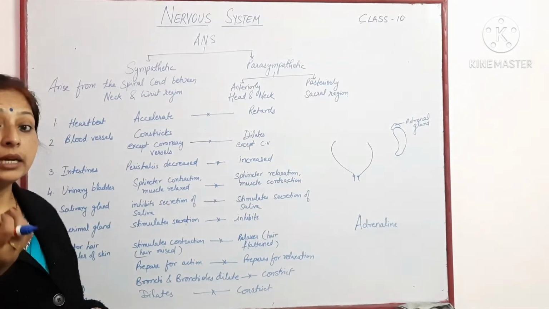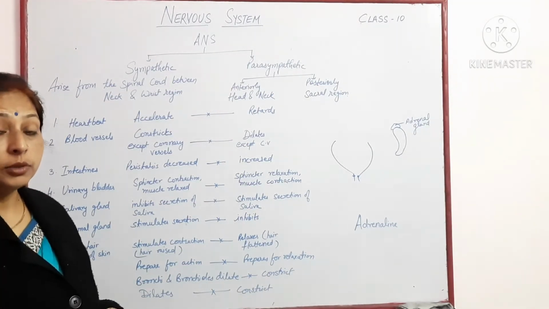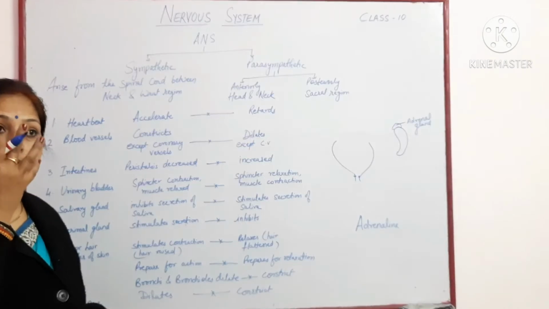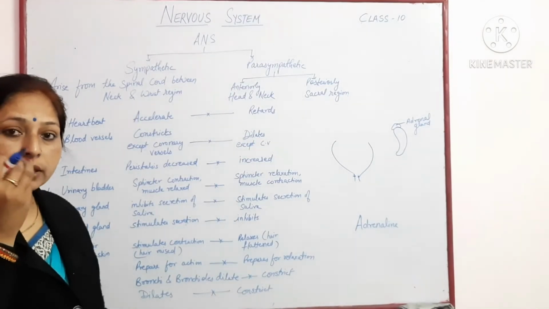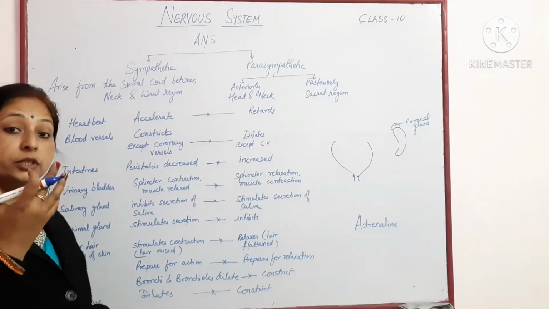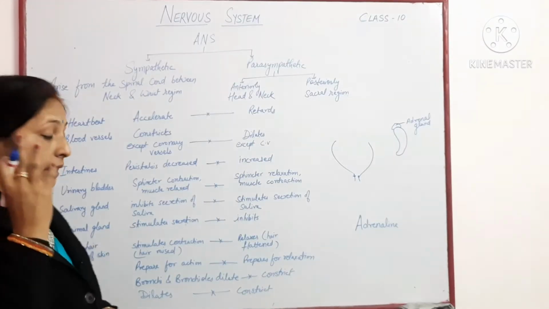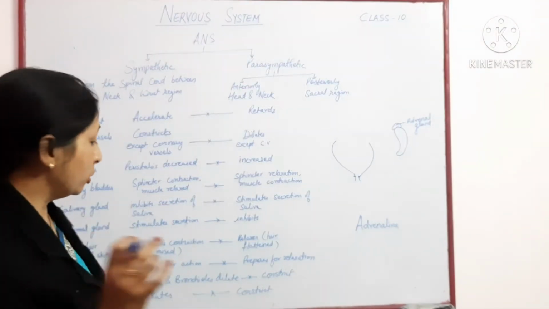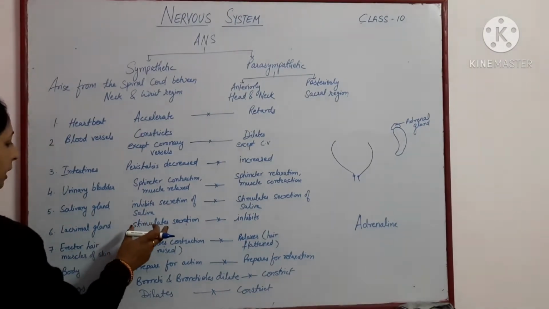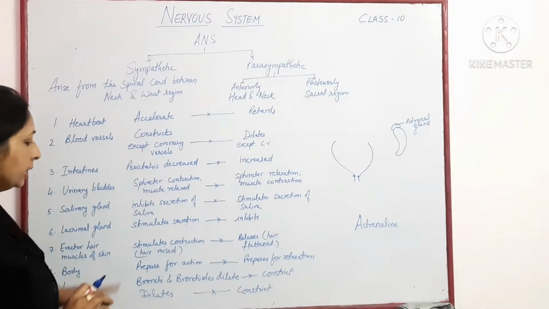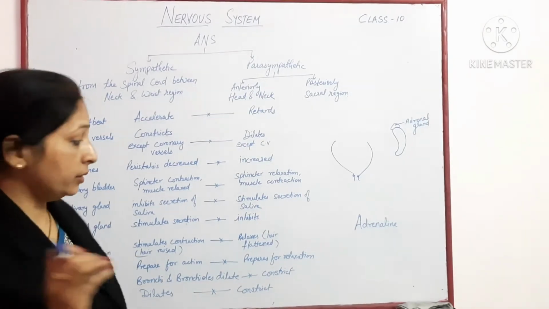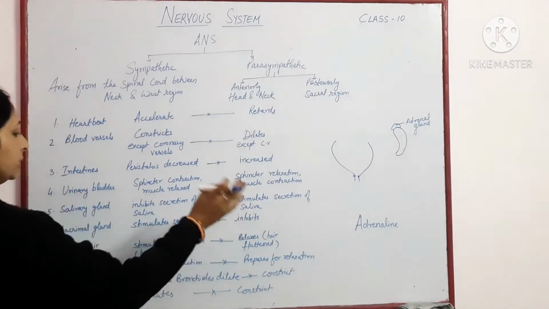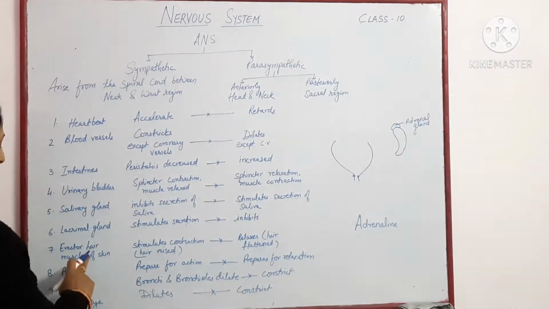The lacrimal gland is the tear gland, which is present at the outer part of the orbit. It stimulates the secretion of tears, while the parasympathetic inhibits this.